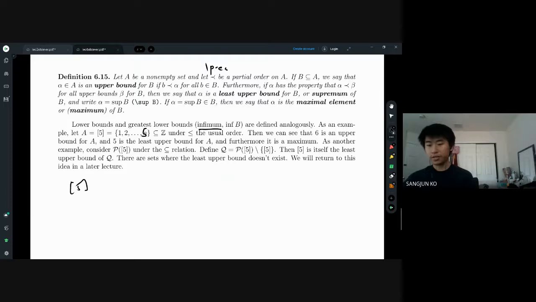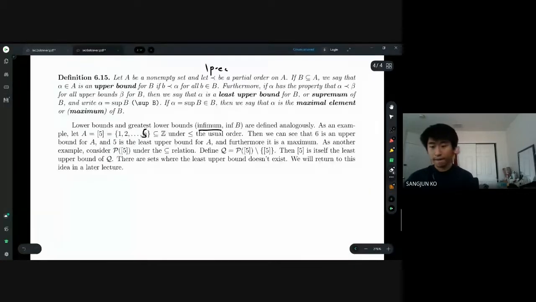We're actually going to return to this idea in a later lecture when we discuss the real numbers and the axiom of completeness. Are there any questions? That is basically the end of what we prepared.